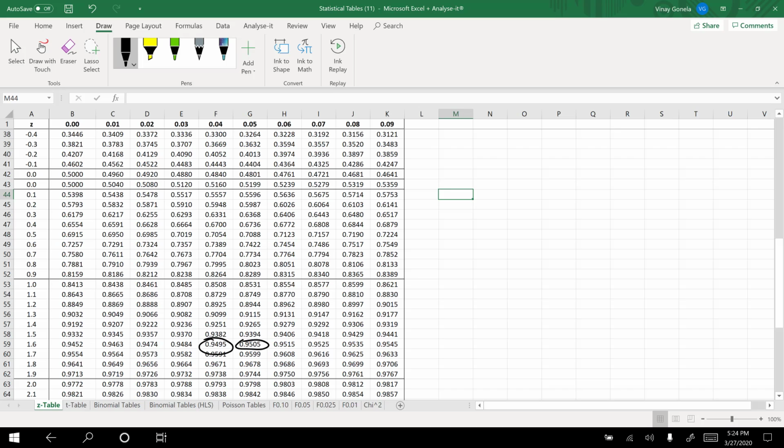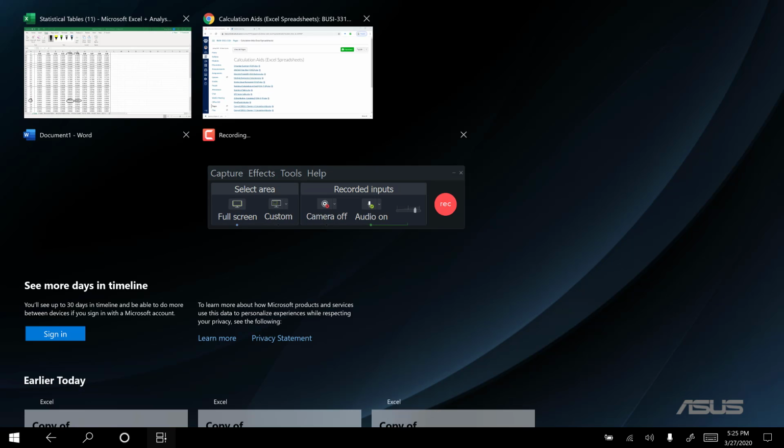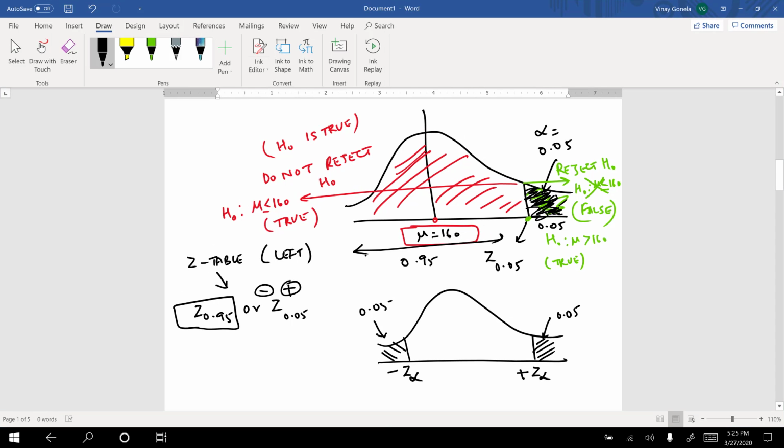So 0.95 is somewhere here or here, 1.64 or 1.65, whichever you want. I will take 1.64. When I looked for 0.95, that directly gives me this value, z 0.95.